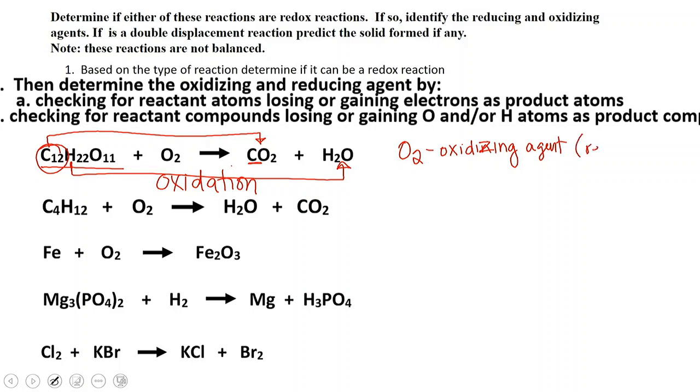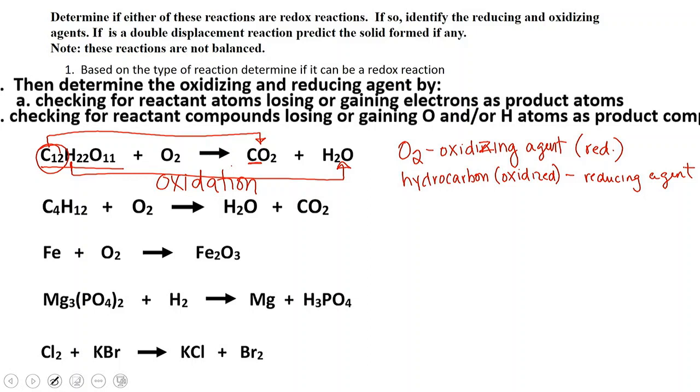So it is reduced, and our hydrocarbon is oxidized by the oxygen. So it is the reducing agent. So you can memorize the rule for combustion reactions, that oxygen is always going to be the oxidizing agent, and the hydrocarbon is always going to be the reducing agent. Why? Because it becomes oxidized, right?